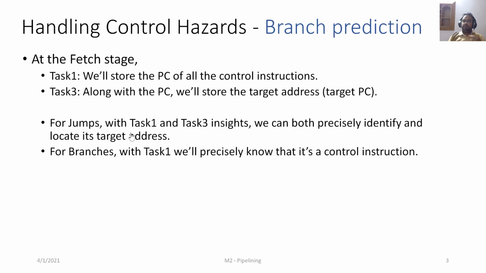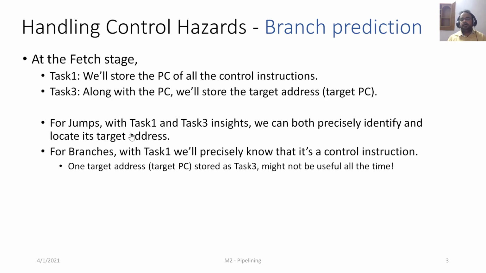But for branches, it's a little tricky. Yes, using the PC, we will know that it's a branch instruction, but we are making a note of only the target address of its previous execution, right? The previous instance when it has executed. Now let's say in the previous instance it was taken, so we make a note of the target address.